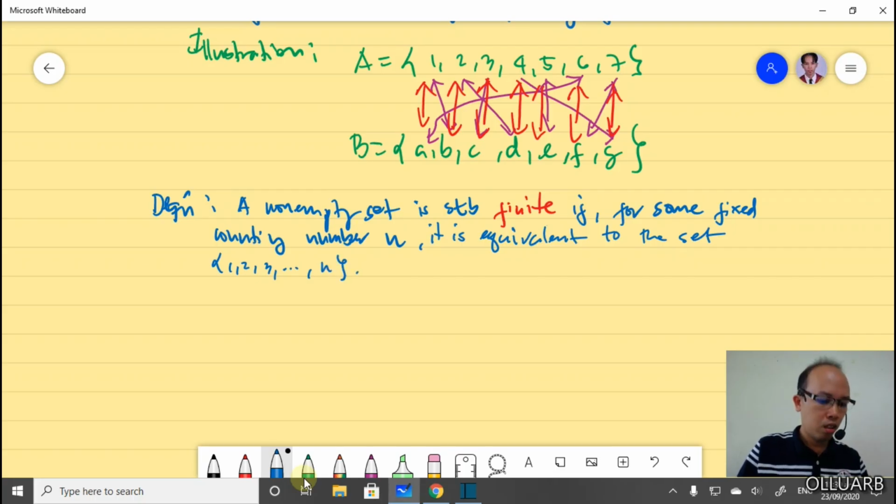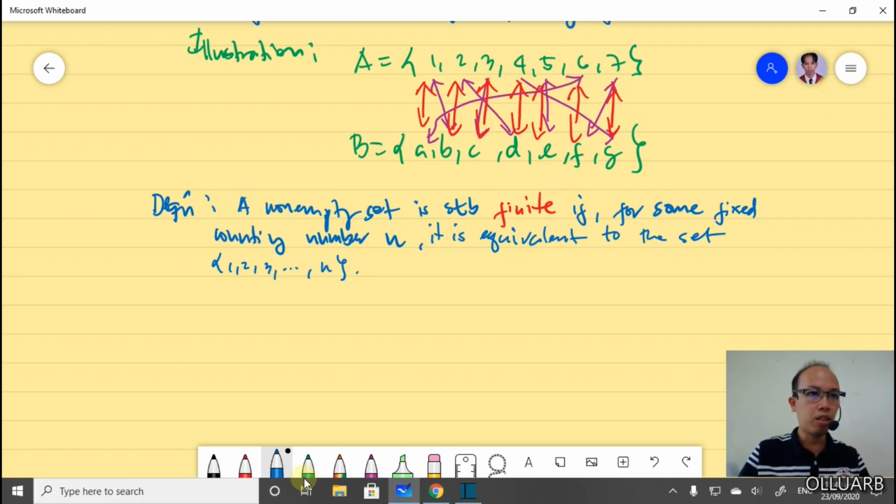Okay, this means that if the given set is finite, you can completely list all the elements of the set. So that's what we call a finite set.